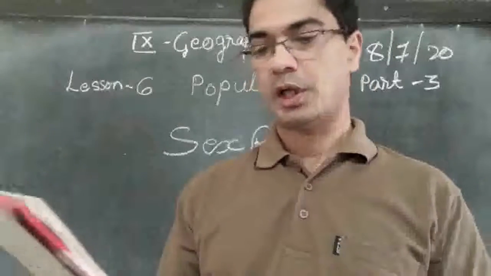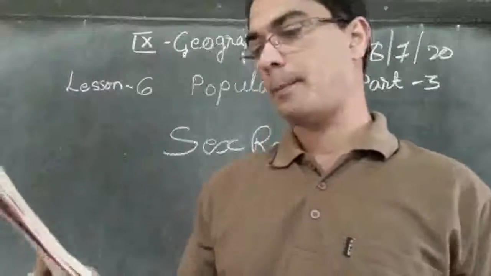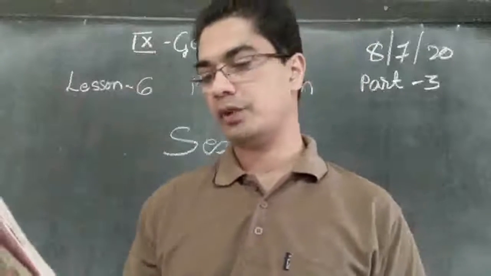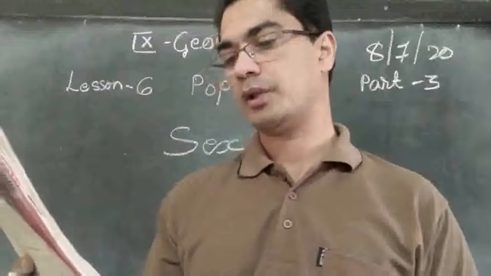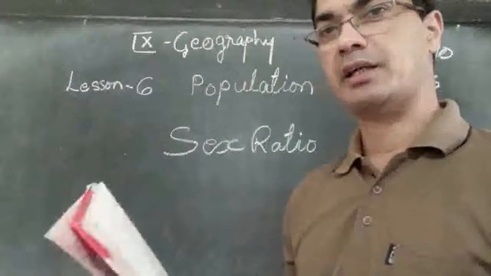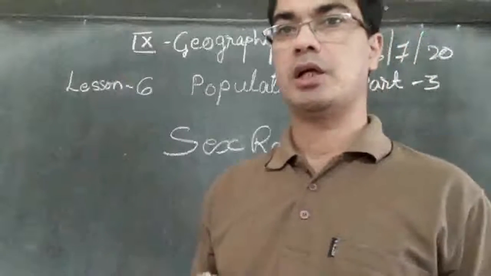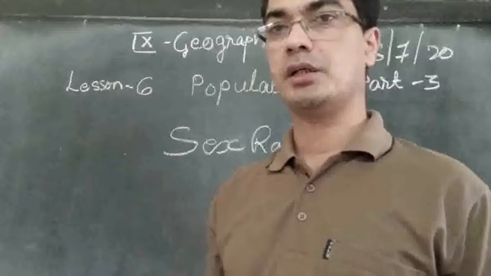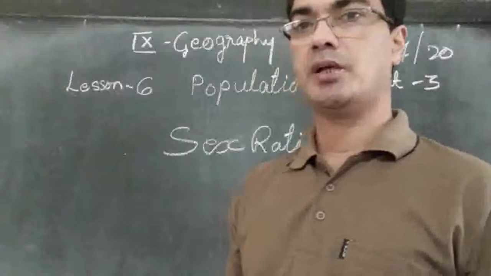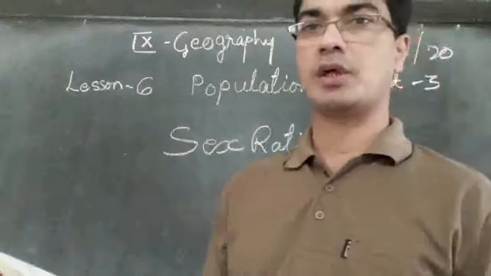And do you know, Kerala has a sex ratio of 1058 females per 1000 males. So if you take state-wise, then Kerala is an exception. In Kerala, the females are more than the males. 1058 females are there for 1000 males.